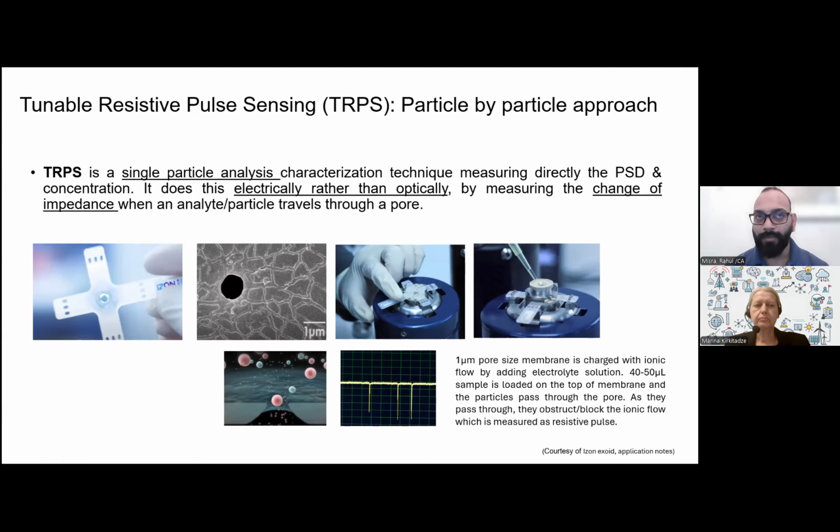The bigger the particle, the larger the resistance. The signal you're seeing is basically the electrical resistance to the baseline current. So the larger the signal, the larger the particle size.